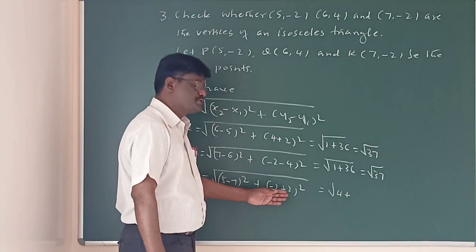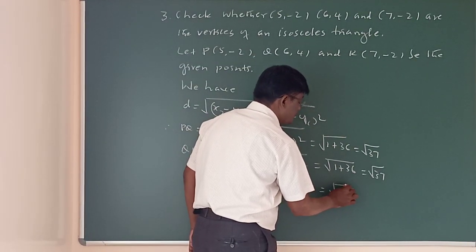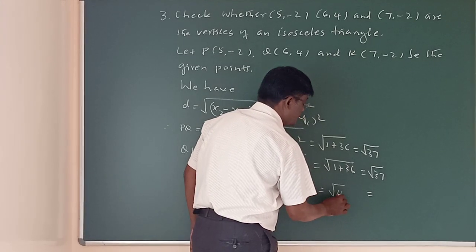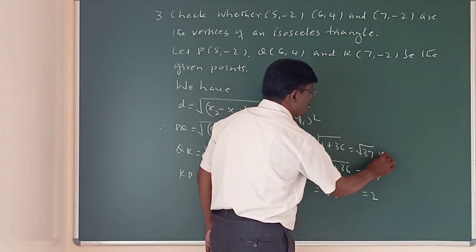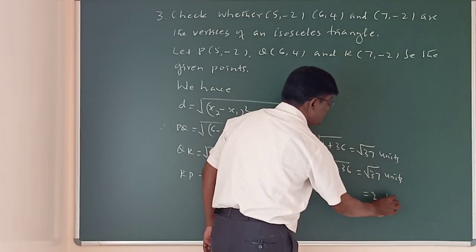Minus 2 plus 2 get cancelled. Therefore 0 square means it is 0 only, children. Okay, what is the square root of 4? The square root of 4 is 2 units.